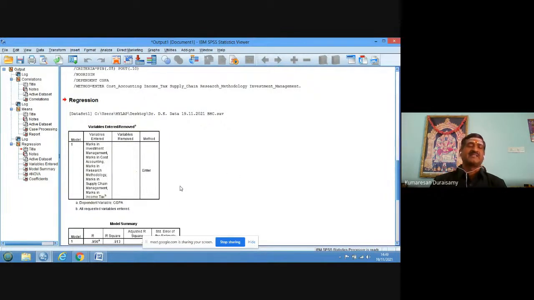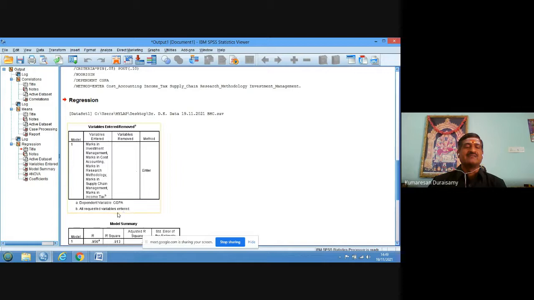Under this method, the variables that we have given as independent variables will be considered by the software whether they are to be entered or not. In this case, all the variables are entered. See here, a footnote is given.